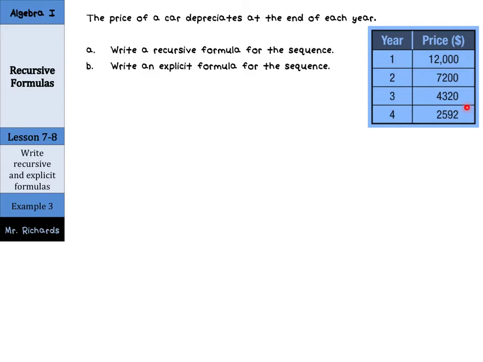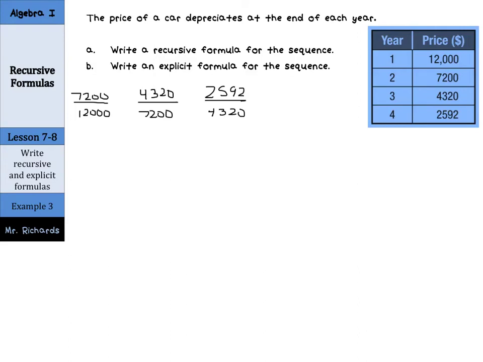And so when I look at the difference between here, 7,200, and write this as a ratio, over 12,000, and I look at 4,320 over 7,200, and then lastly 2,592 over 4,320.